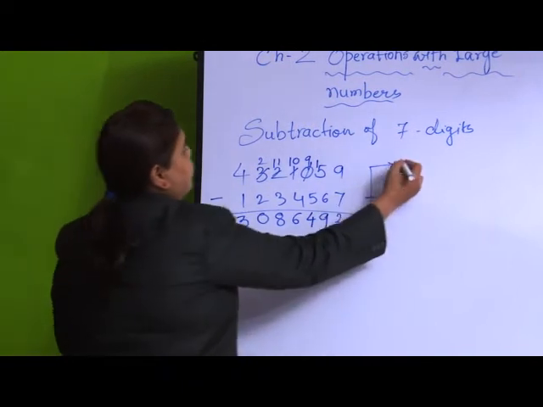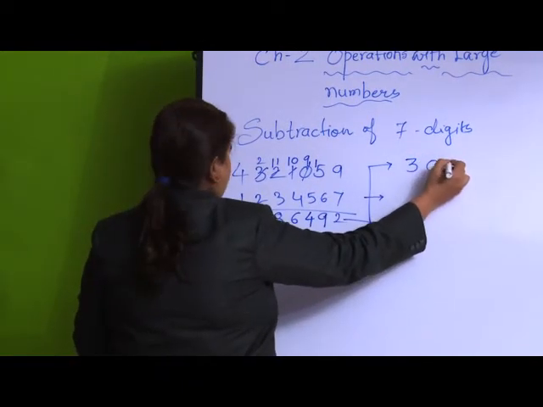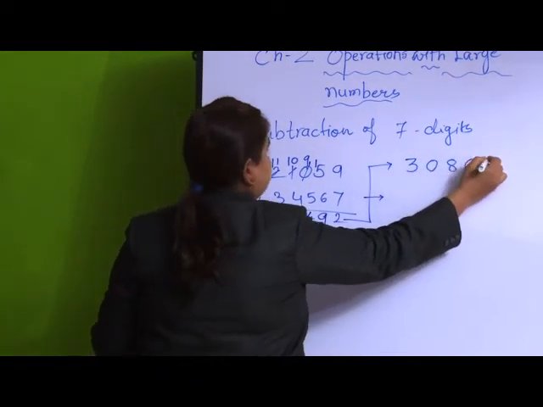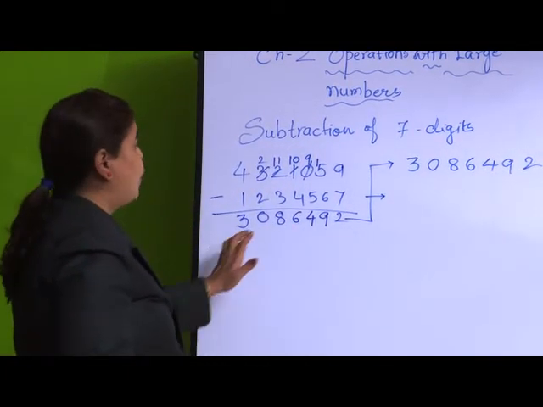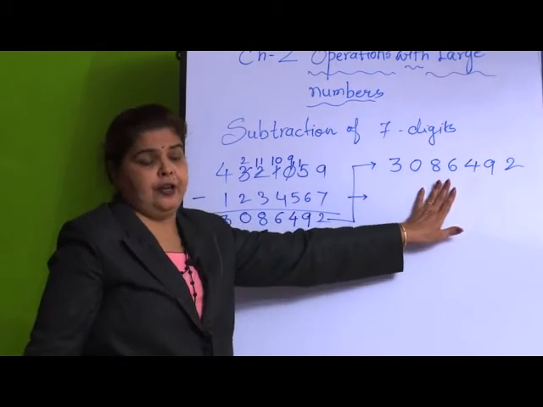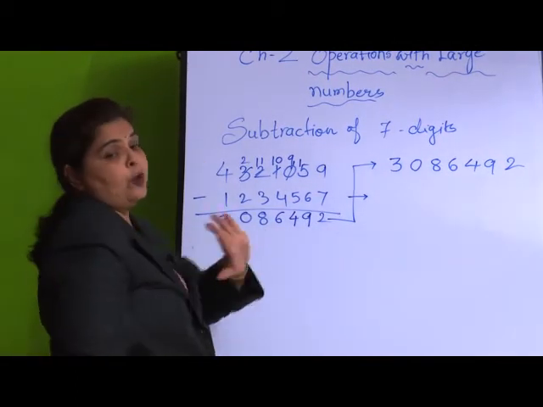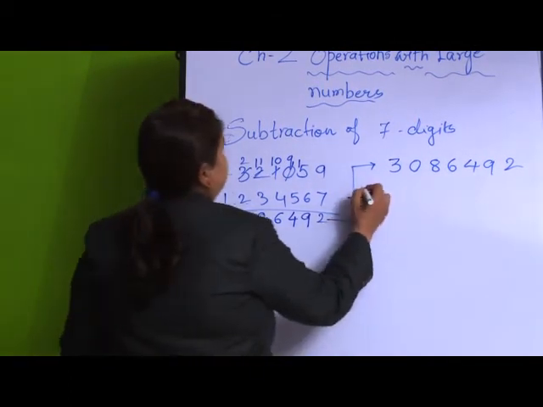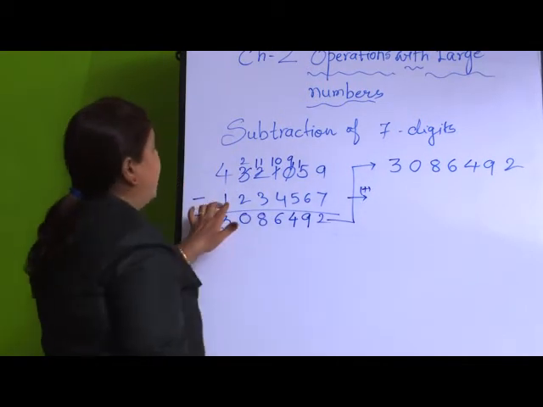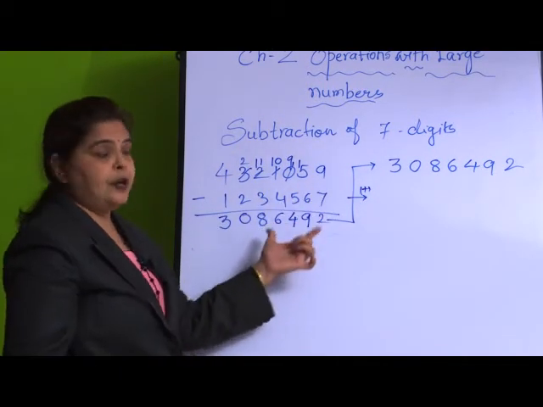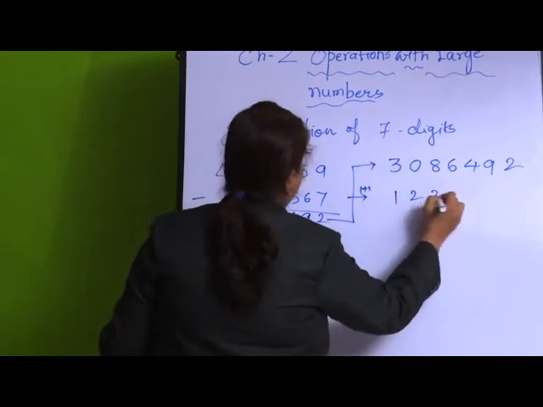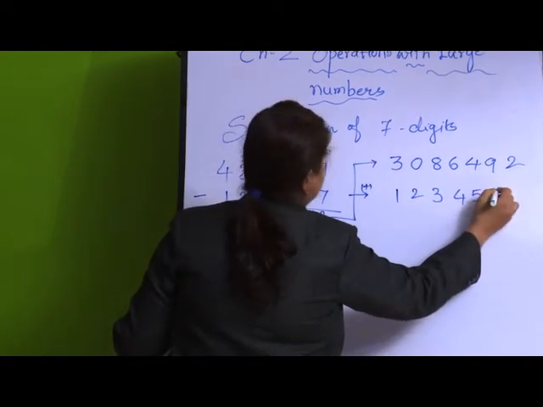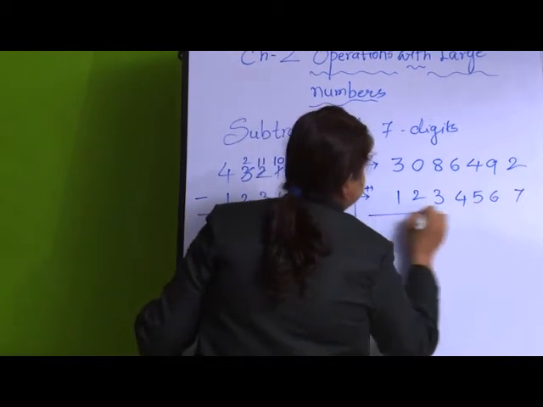The number here is 3, 0, 8, 6, 4, 9, 2. What I got is the same as I had written here. Now my question is addition, so I will put a small sign of addition. I will write as it is the number I have here: 1, 2, 3, 4, 5, 6 and 7.